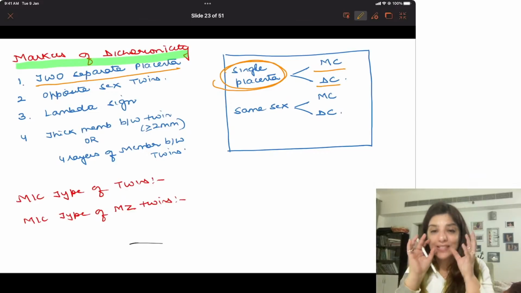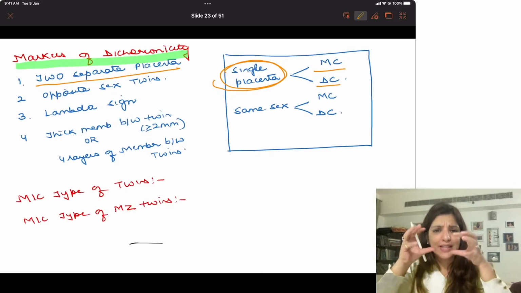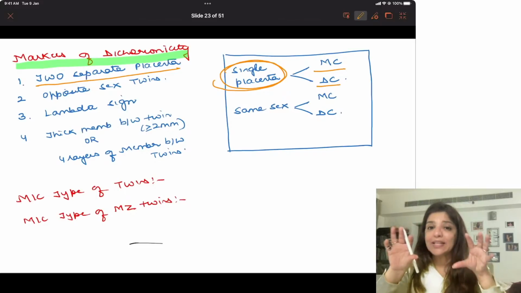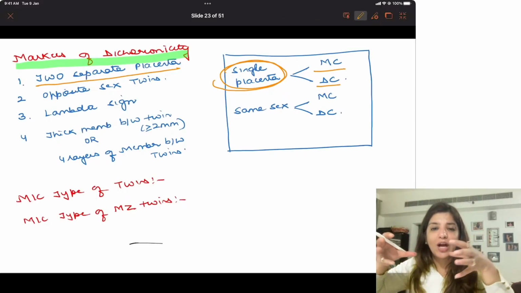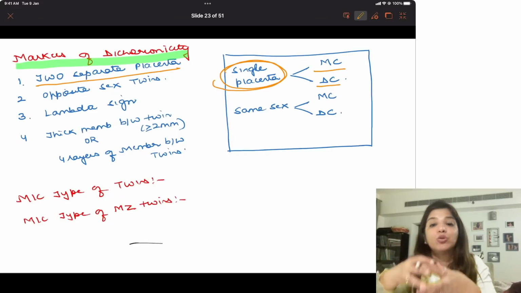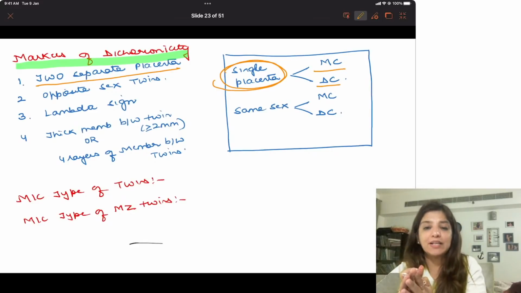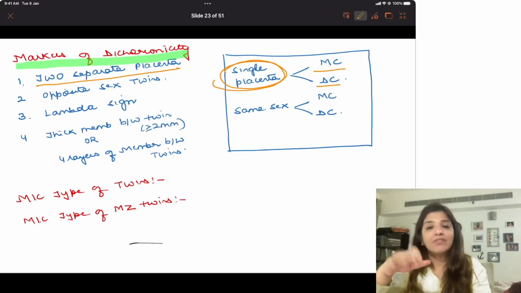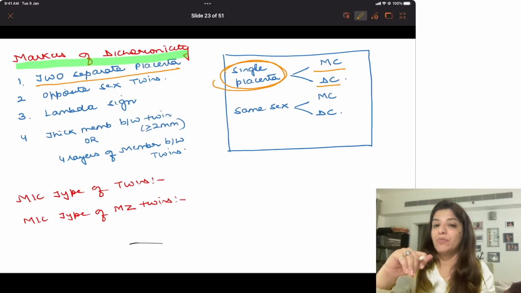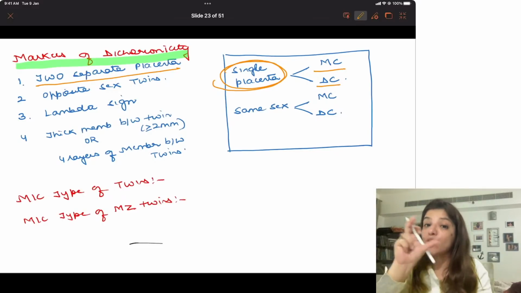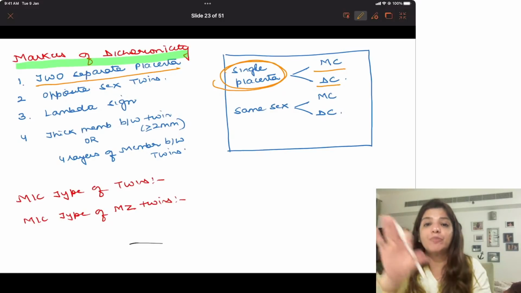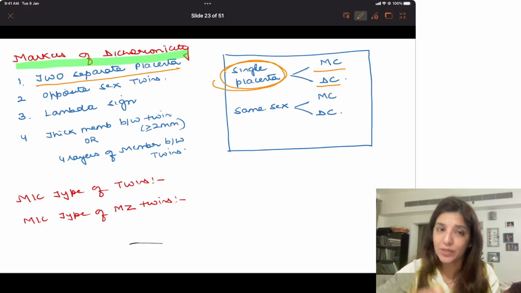Why? Because it could be that there is less space. So there were two placentas of dichorionic twins which ultimately, because of less space, fused. So if you are getting a single placenta, you cannot comment whether we are getting monochorionic or dichorionic. But if you have two placentas, it is 100% a case of dichorionic twins.